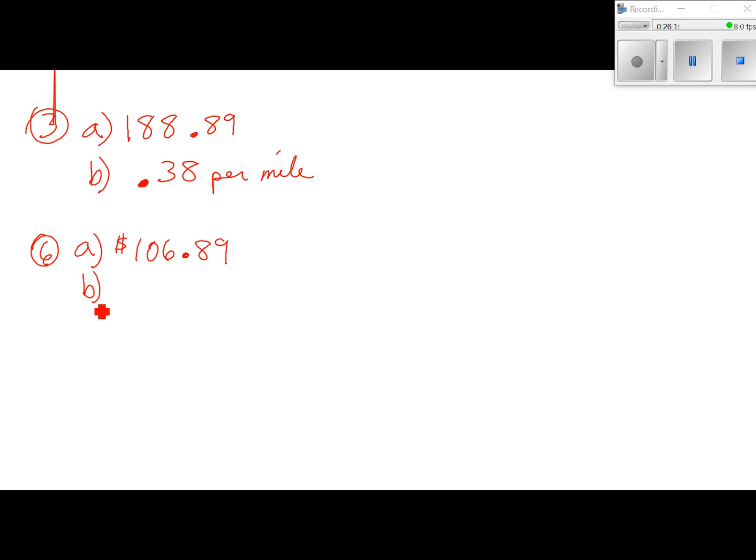Then part B, we're just going to take that number and divide it by however many miles we drove, which was 240. And we end up with, and I'm going to round this up again, we want money, so 0.45. So about 45 cents per mile.